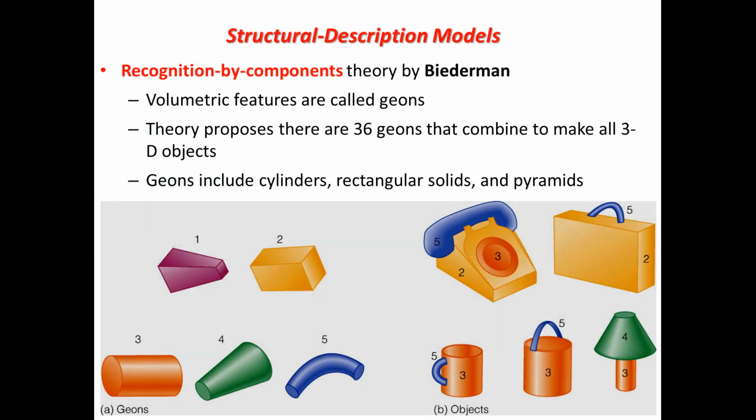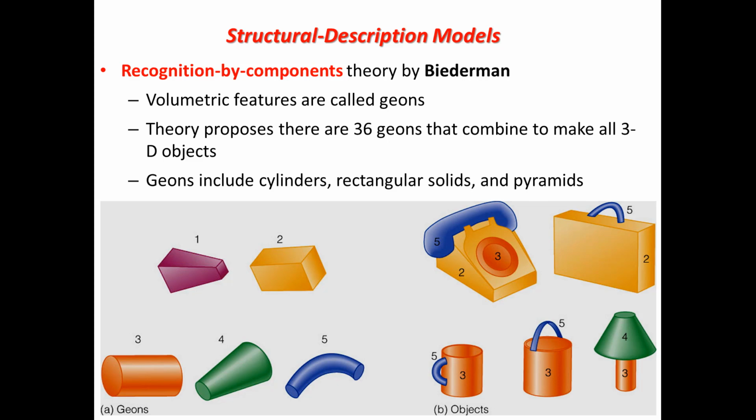Biederman's recognition by components theory is very, very similar. He also described volumetric features as the necessary component of object recognition. However, what he proposed was a set of about 36 geometric icons that he called geons. And he said that these can be combined to make pretty much all 3D objects in our environment.